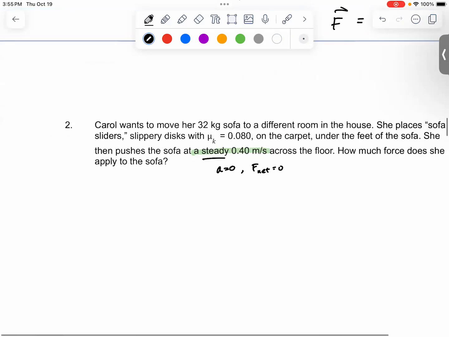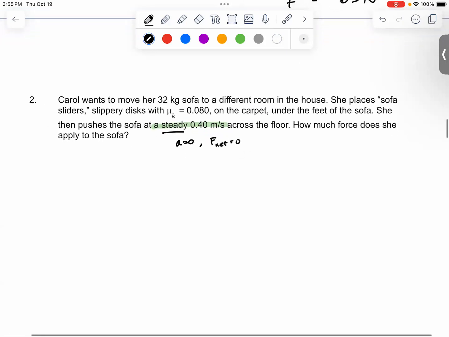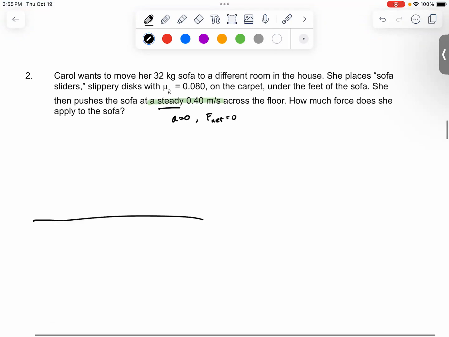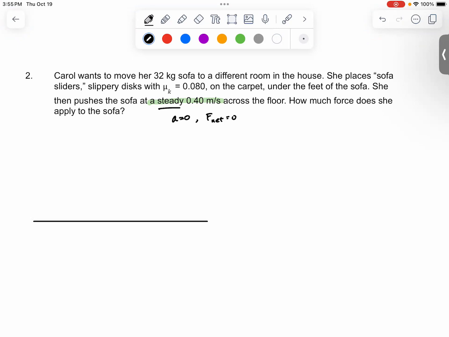Okay. So that's a very important premise that we need to know so that we can understand the situation scenario. Now we are going to push the sofa, so let's just say we're going to push it in this direction.